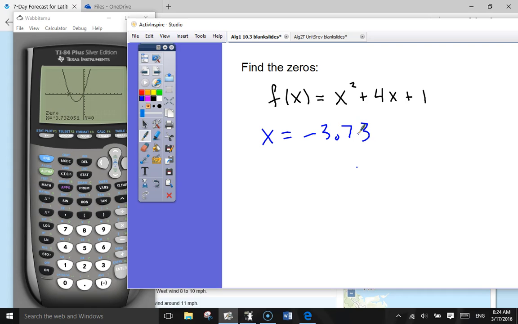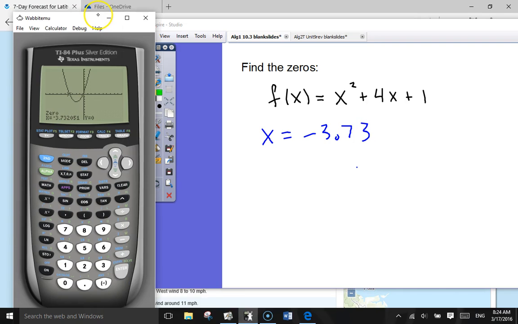Okay, now we have to find the second zero. We found the one that was near -4. Now we have to find the one that's near 0. So let me go second trace, 2. For the left bound, I'll scoot it over so it's a little closer to that zero. It's still to the left though. Enter.